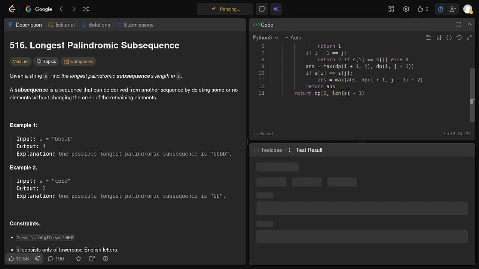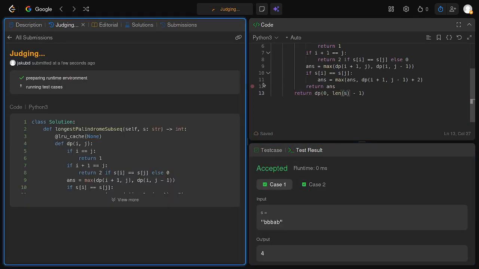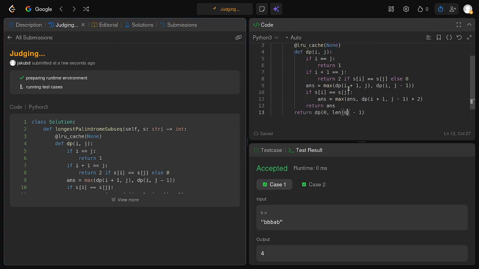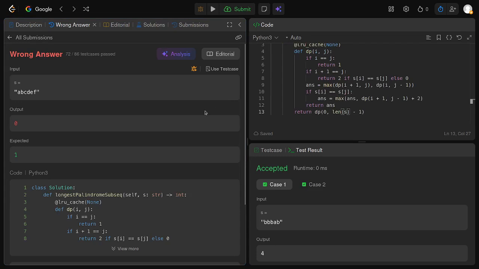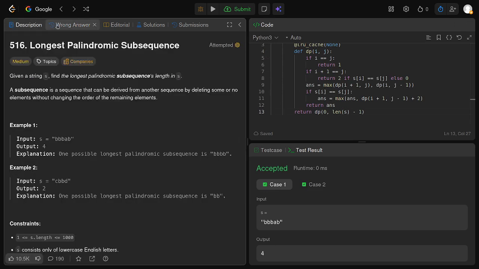And we have n squared states and we do O(1) transitions. So that should pass easily.